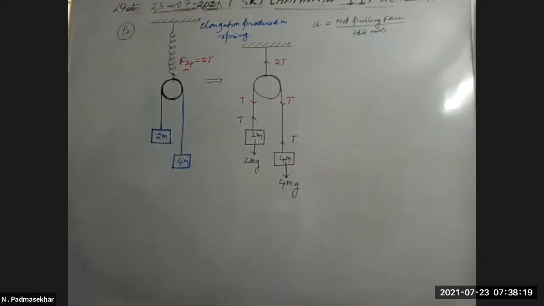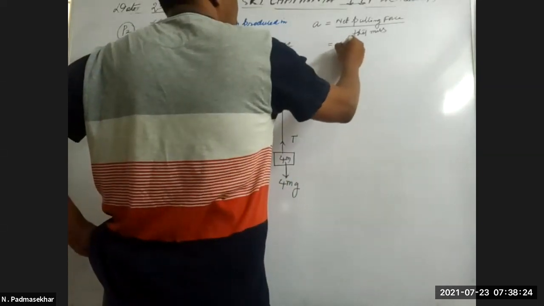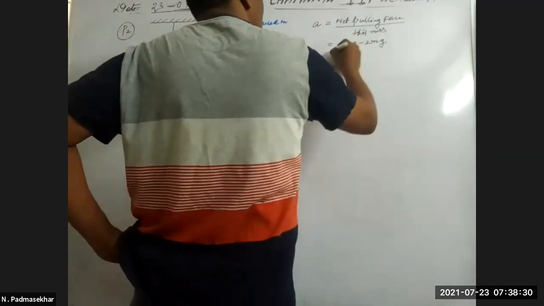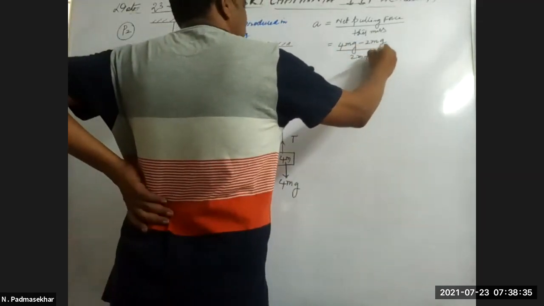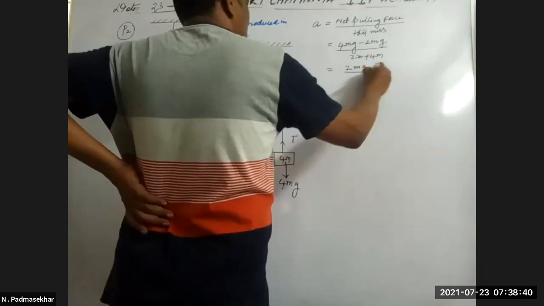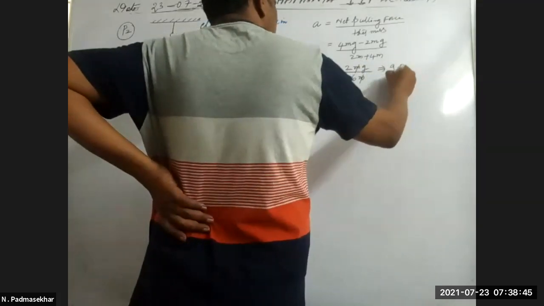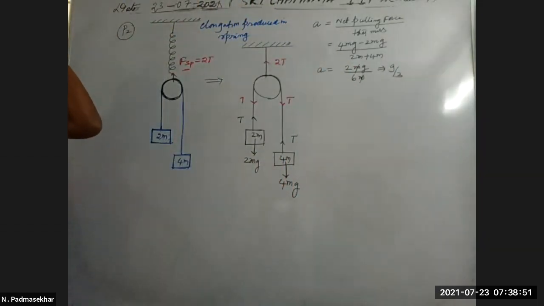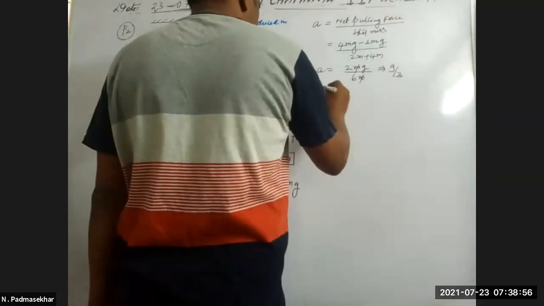Net pulling force is 4mg minus 2mg, by 2m plus 4m. This is 2mg by 6m, which is g by 3. It is the net acceleration of the system. And then find the tension.